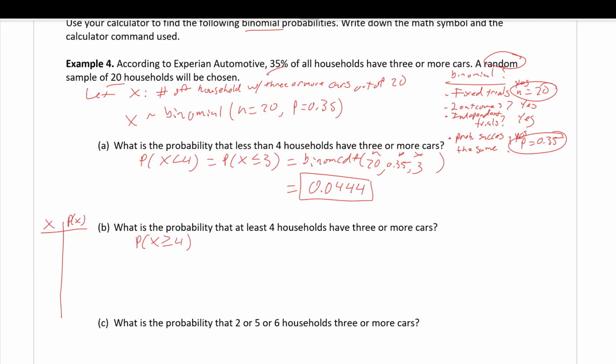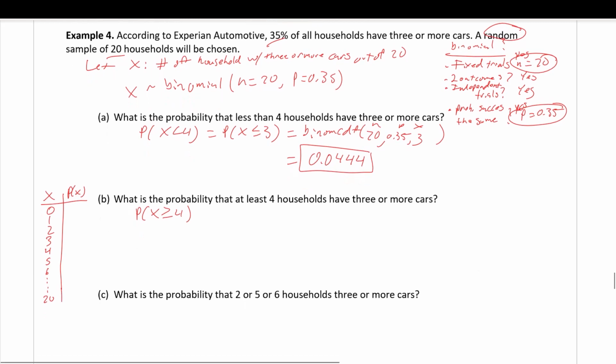All right, so again, our x random variable ranges from 0 all the way up to 20. Okay, so 0, 1, 2, 3, 4, 5, 6, all the way up to 20. And what are we actually interested in? Probability that x is greater than or equal to 4, right? So here's 4, right? So we want all of this.